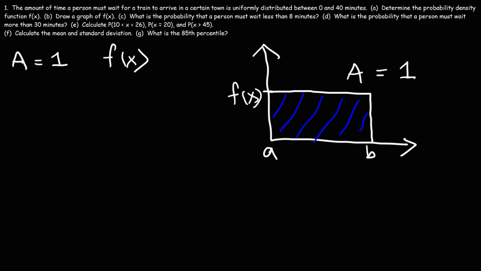Now, what is the area of a rectangle? From geometry, you know that the area of a rectangle is equal to the base times the height. So this is the base. Let's use capital B to distinguish it from a lowercase b.